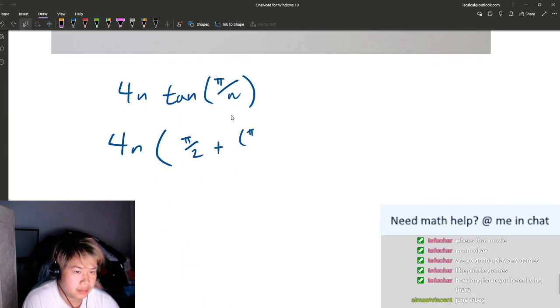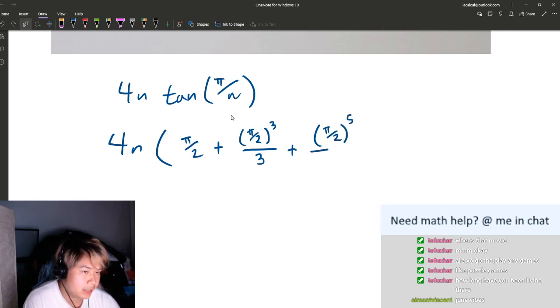So pi over n cubed divided by 3 plus pi over n to the power of 5 divided by 5, and so on. Wait, not pi over 2, pi over n.